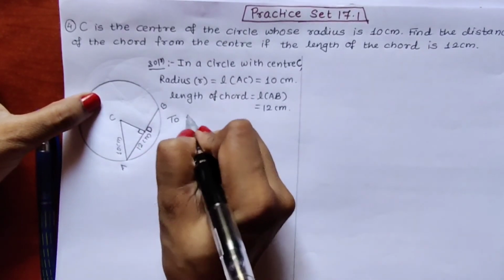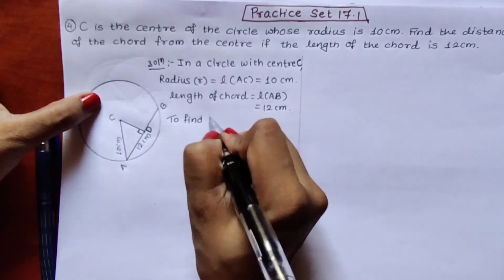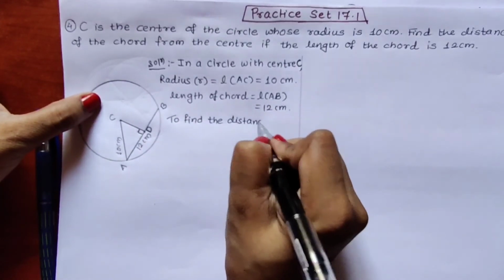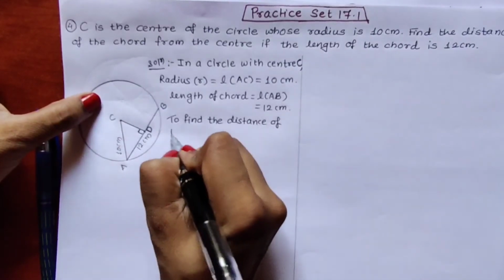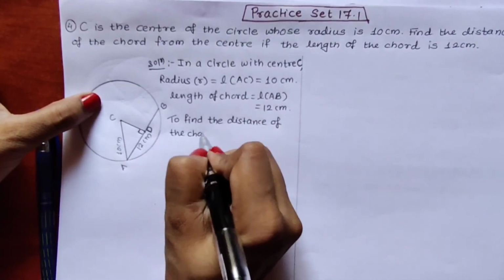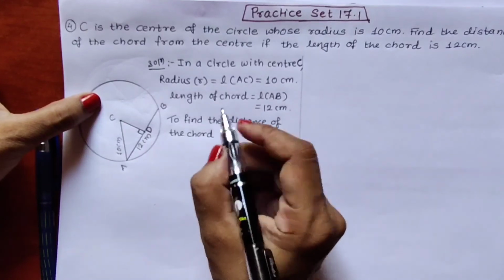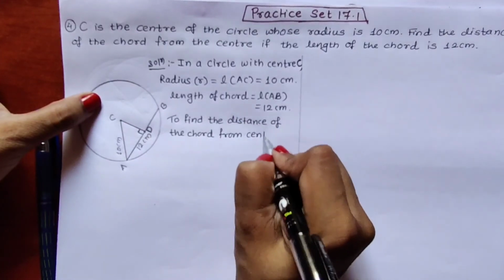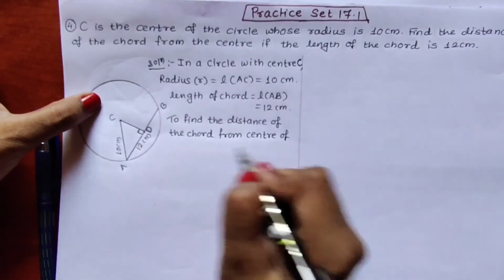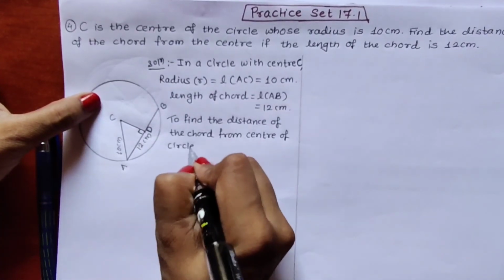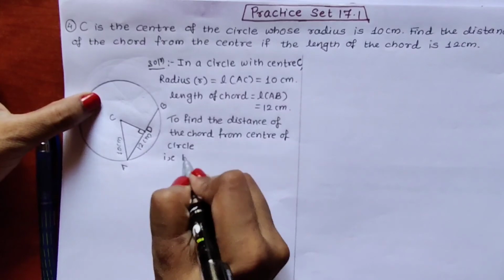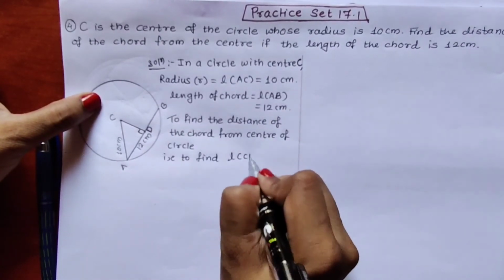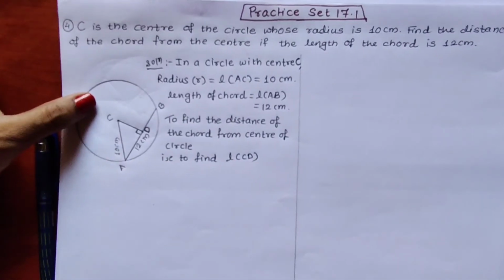What is to find? To find the distance of the chord from the center of the circle, that is to find length CD. We have to find the length of this CD.